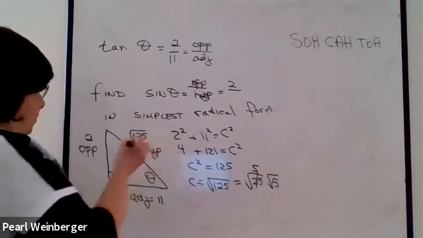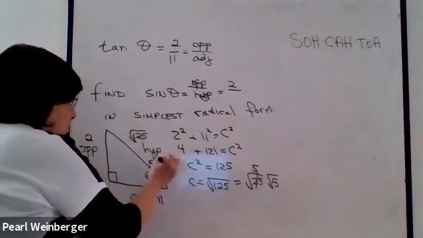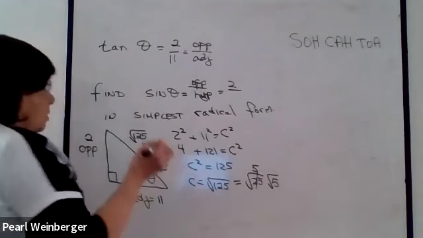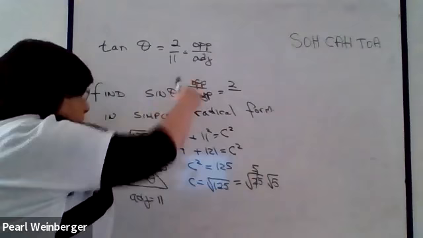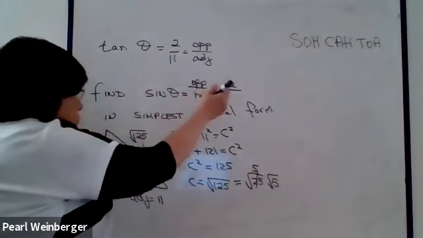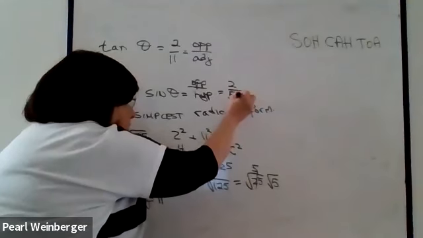So this side is 5 radical 5. To find the sine, it's opposite, which is 2, over hypotenuse, which is 5 radical 5.